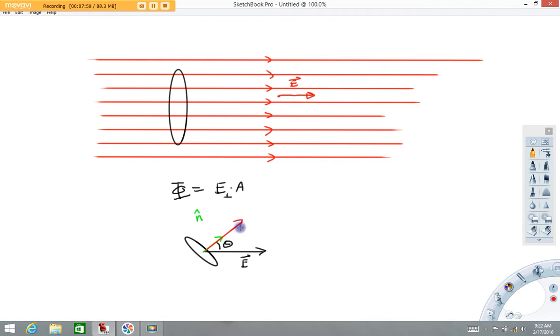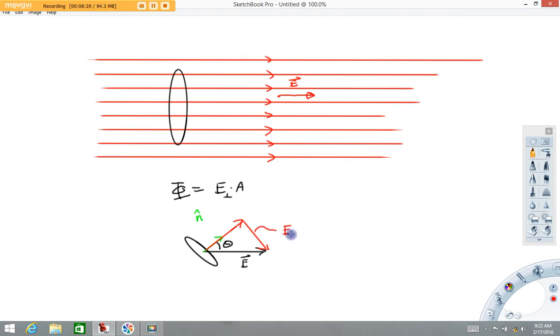So there is the component of E that's in the direction of the normal. And there is the component of the electric field vector that, oh, pardon me, darn it, that makes a right angle with the normal. Right. So this one right here, that's the electric field vector.